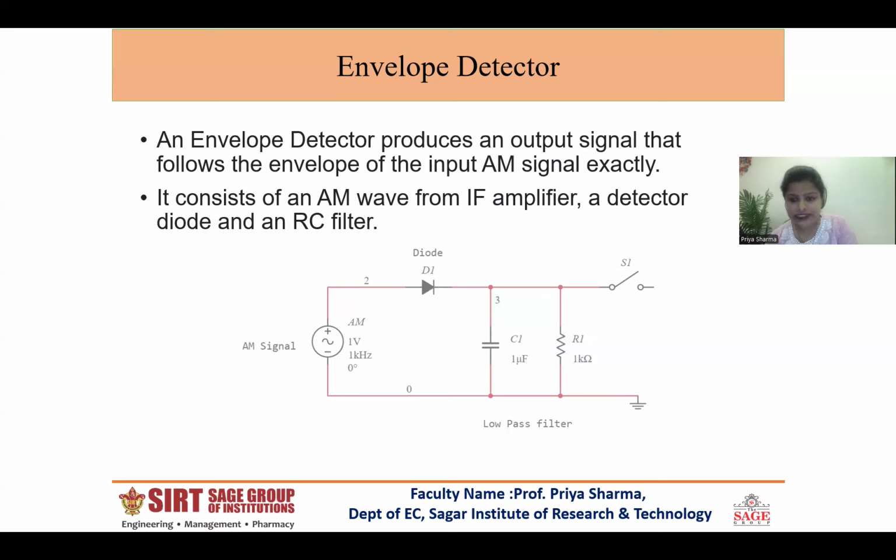The capacitor will discharge through R between the positive peaks. The discharging process continues until the next positive cycle when the input signal becomes greater than the capacitor voltage. Then the diode conducts again and the process repeats itself.